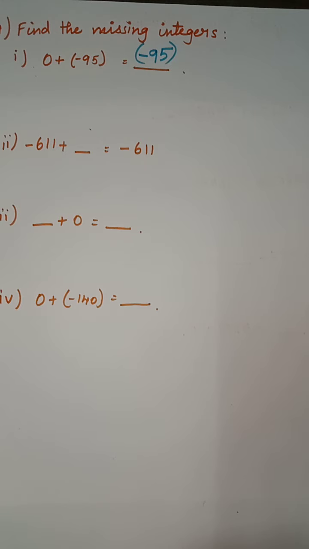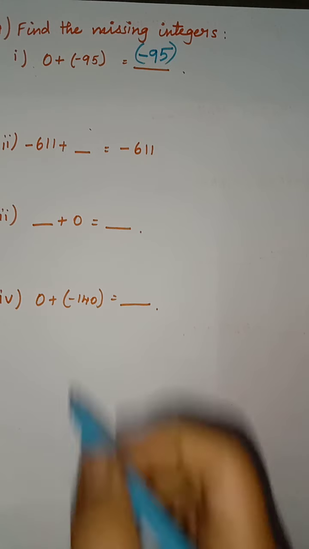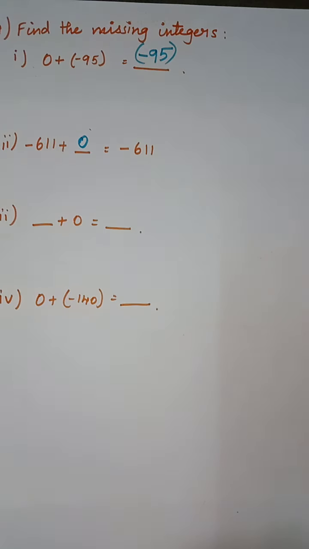Yes, it is 0. If you add anything with 0, it will give you the same number. Clear? Can you understand what is the identity element of addition? It is 0. Clear? Okay.